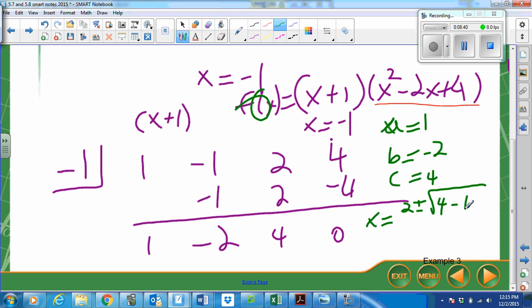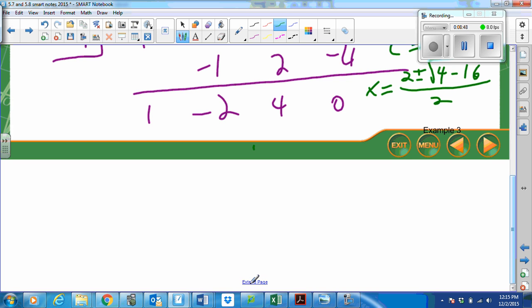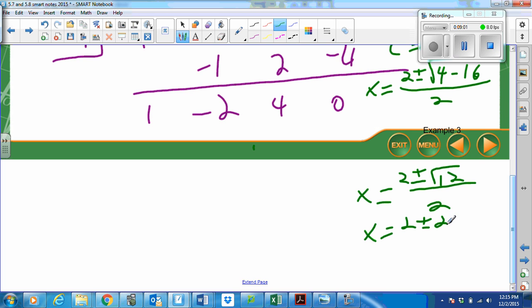So it's going to be minus 16 all over 2. So that's going to give us x equals, I'm going to get 2 plus or minus the square root of negative 12 all over 2. And simplifying that, we get 2 plus or minus 2i square root of 3 over 2.